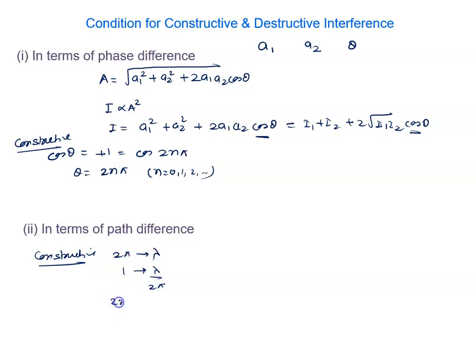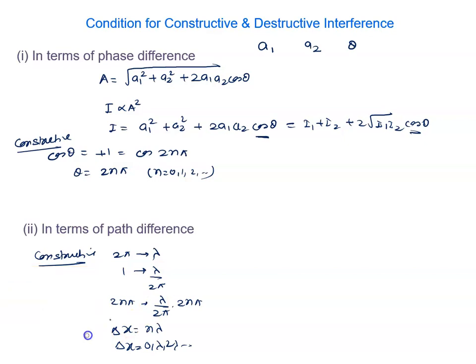If it is 2n pi, then we will write it is lambda upon 2 pi into 2n pi. So finally 2 pi से 2 pi cancel हो गया, it is only. So when the delta x is equal to n lambda, where n is 0, 1, 2, 3 so on, or you can say delta x is 0, lambda, 2 lambda and so on, then there is a condition for the constructive interference.